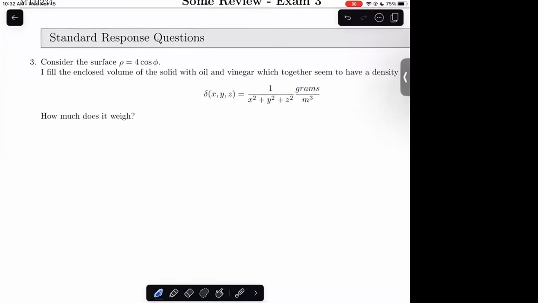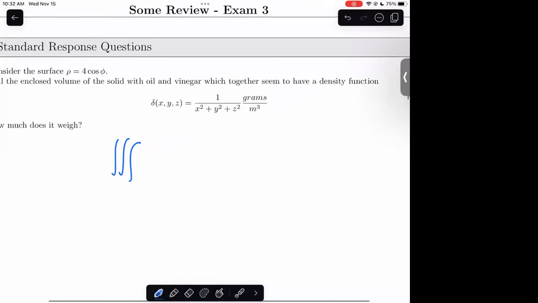And so I'm interested in setting up, I guess all of this is really a reminder that if you're interested in mass from density, you need to do a double or triple integral. In this case, because we have a 3-variable function here, we're going to need to do a triple integral, 1 for x, 1 for y, 1 for z, and overall this should give us the total mass.